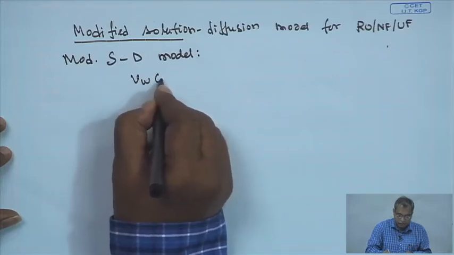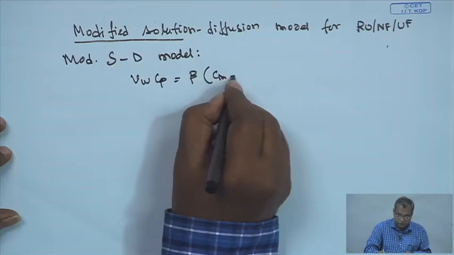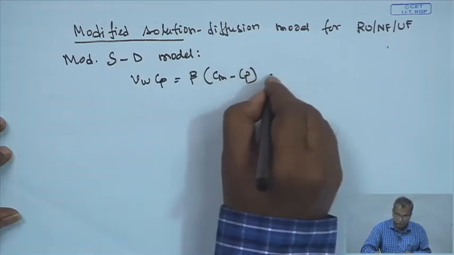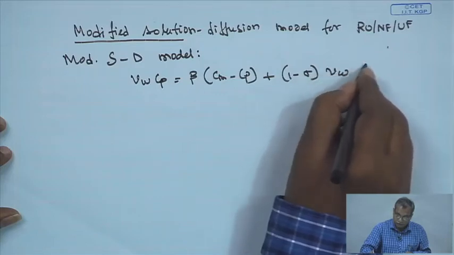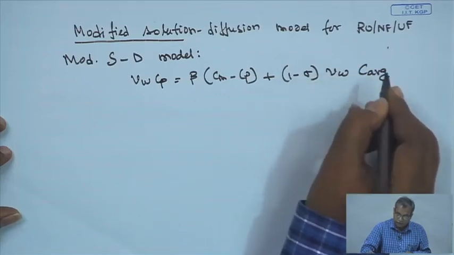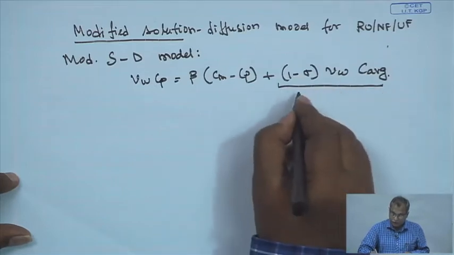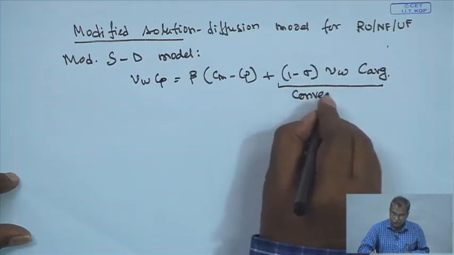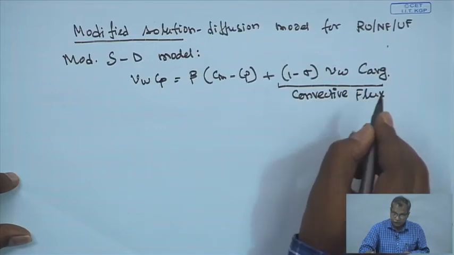Vw Cp is equal to beta (Cm minus Cp) plus (1 minus sigma) Vw C average. This is the additional term that will be taking care of the convective flux through the membrane.